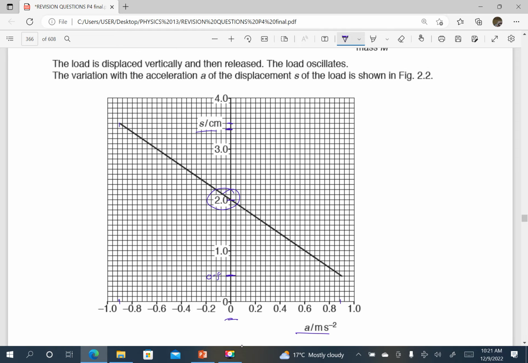What is this value? The scale is 2 over 10, 0.2. No, it is 1 over 10, that is 0.1. So that is 3.4 minus 2 divided by the acceleration.